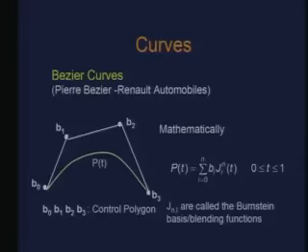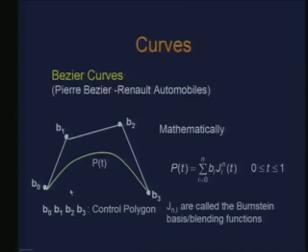So we continue on curves, parametric curves. We have been talking about Bezier curves, which are basically the curves which approximate the shape a user wants to design, right.